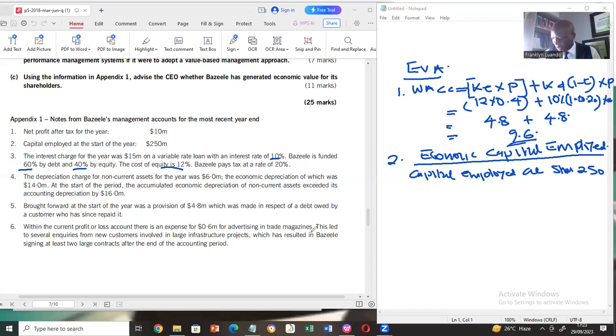So what does that mean? It means we deduct, because we normally deduct the economic depreciation. So if it exceeded, we should be able to deduct less economic depreciation at the beginning. So the economic depreciation here is 16.